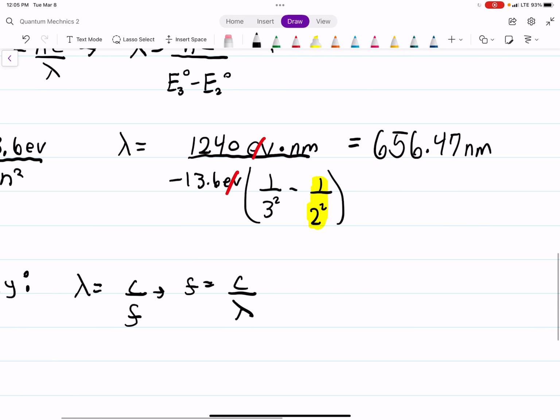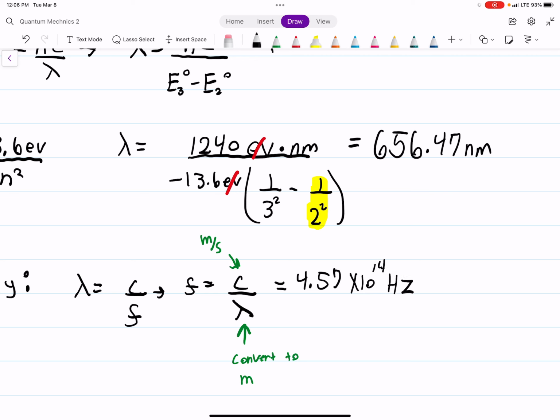And we obviously just found this wavelength, but I'm going to convert to meters because c is meters per second. Remember, this is meters per second, and we want units of 1 over second, so we need that to cancel. And when you plug that in, you should get 4.57 times 10 to the 14 1 over seconds, which is just a hertz.